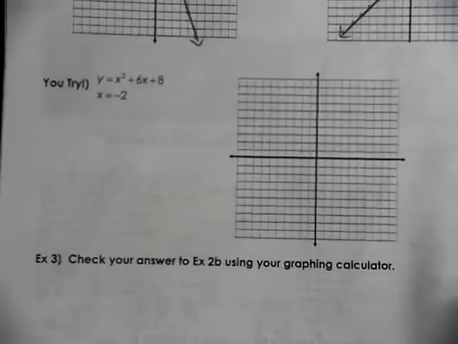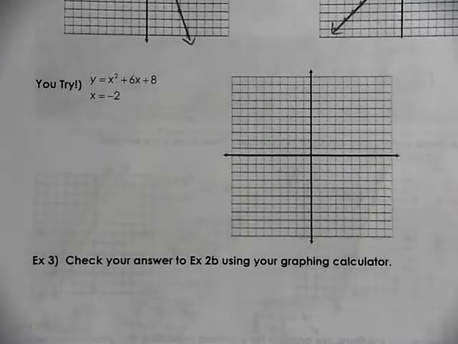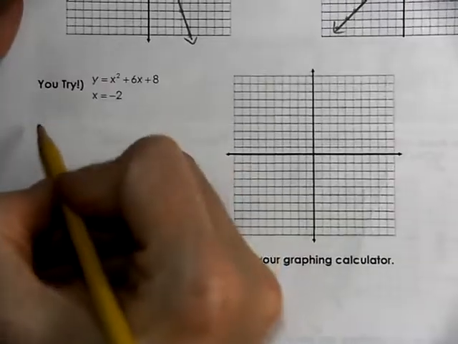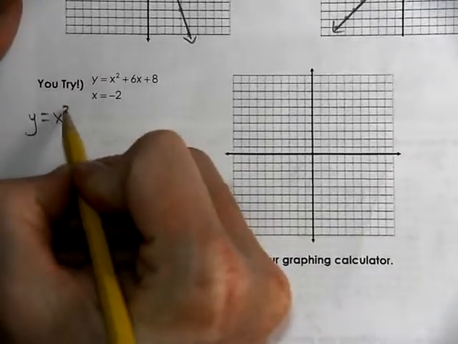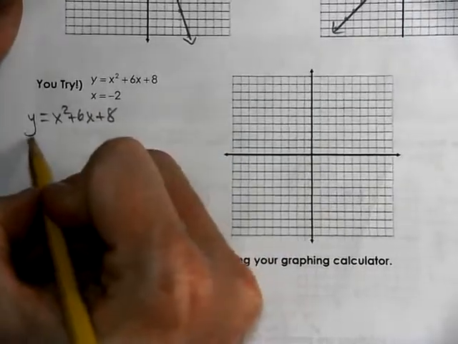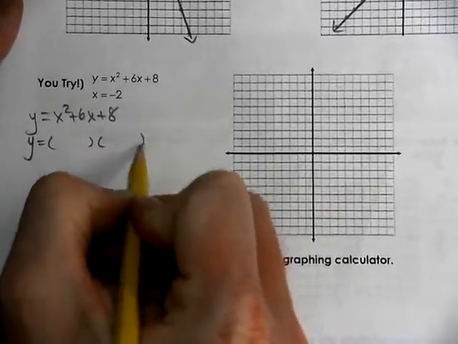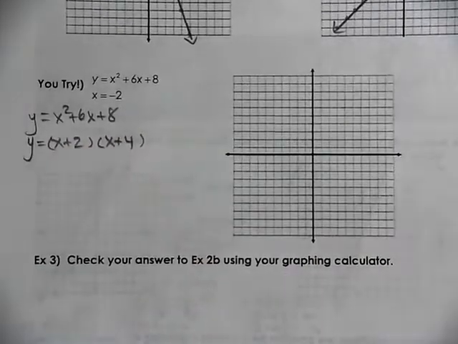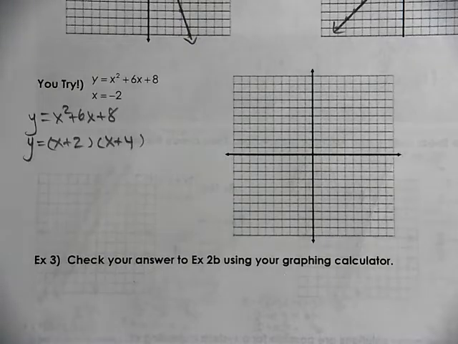How would we graph this parabola? Kind of do it a couple different ways. You have a lot of different tools now. One thing you can do is take your standard form and, if possible, you can factor it. Two numbers that multiply to be 8 and add to be 6.